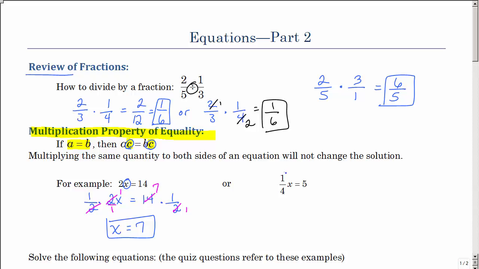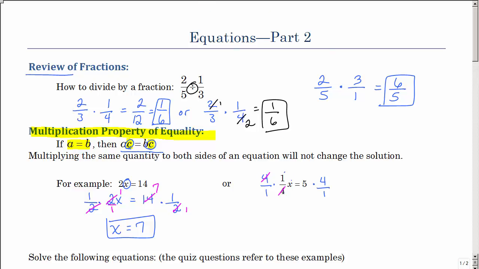Right, this time we have 1/4 times x. Well, what if I multiply both sides by 4 over 1? Can I do that? Yes, I can, because that's what this multiplication property of equality states. As long as you do the same thing to one side of the equal sign as you do to the other, the equality is maintained. So what happens here?